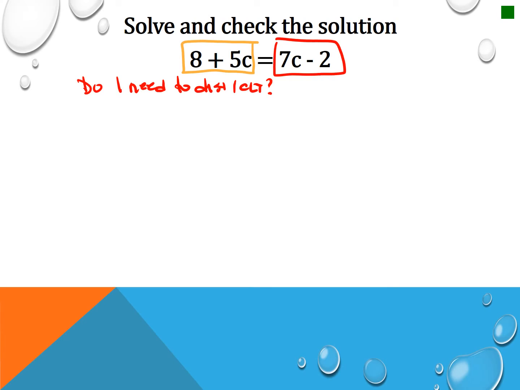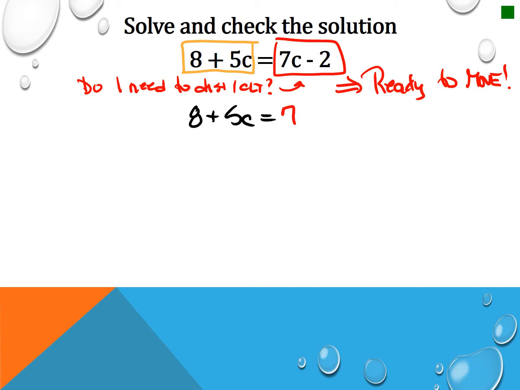No. So my question is, do I need to distribute or combine like terms on the right? No. So that means, because there was nothing to clean up, I'm ready to move. I'm going to tell you, you can actually move whichever way you want, but I like to move this 7C here over to the left-hand side. You're going to see why in just a minute.